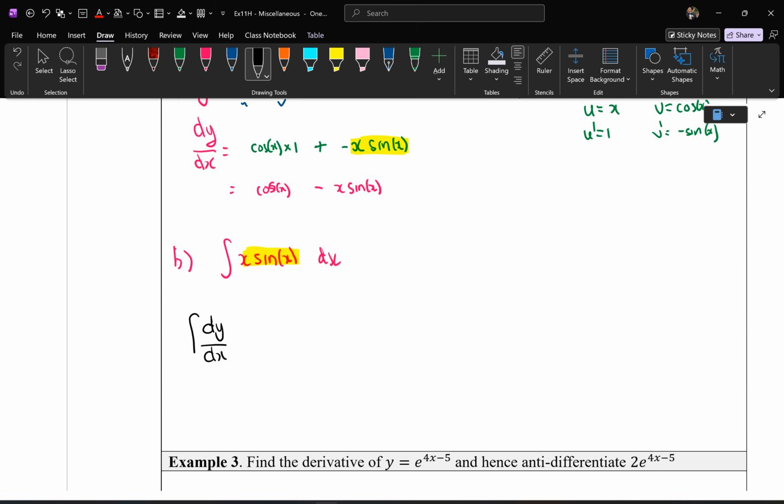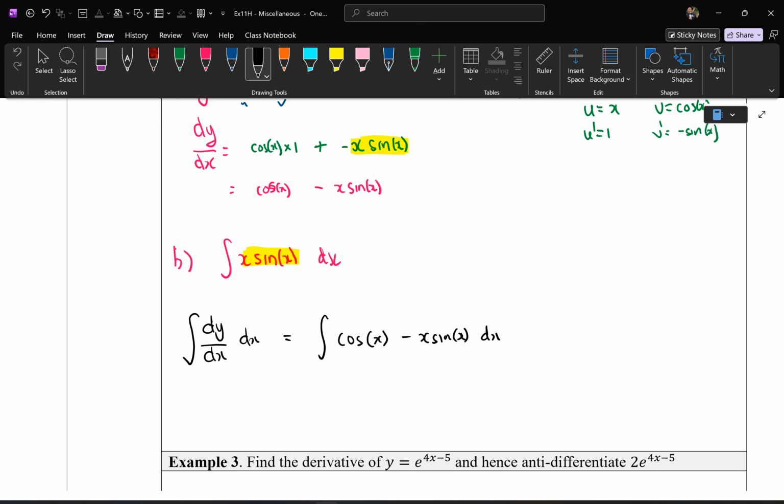if you found the antiderivative of the derivative, that's the same thing as finding the antiderivative of cos of x minus x sine of x dx. Okay, now antiderivative of the derivative is just opposites of one another.